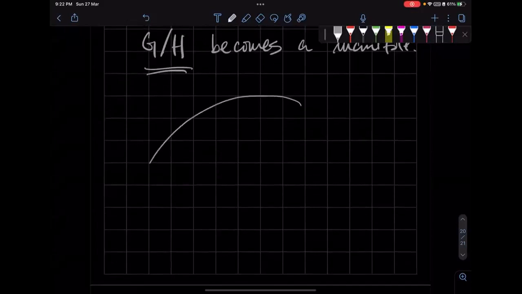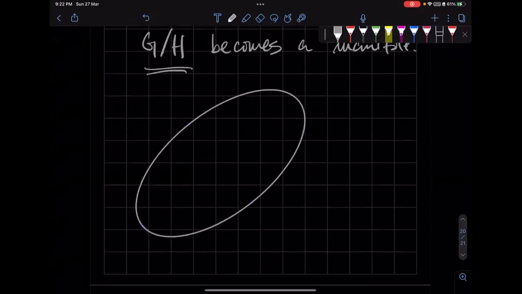So pictorially, what is happening is something like this, okay? So we have, say, G. So this is G. Now, if I take an element in G and I apply to it all the elements of H, then I will get an orbit, right?